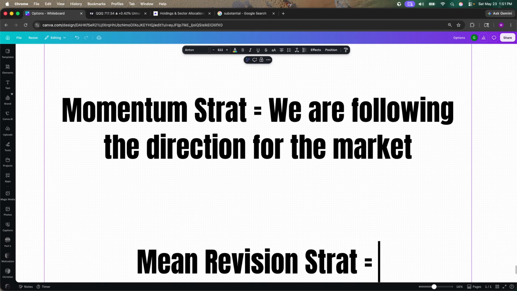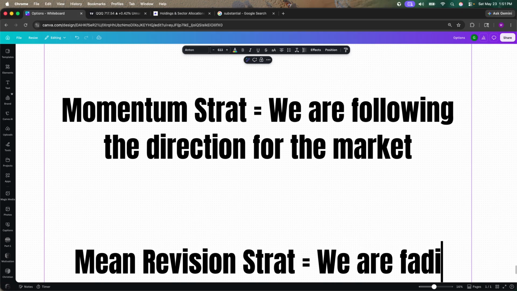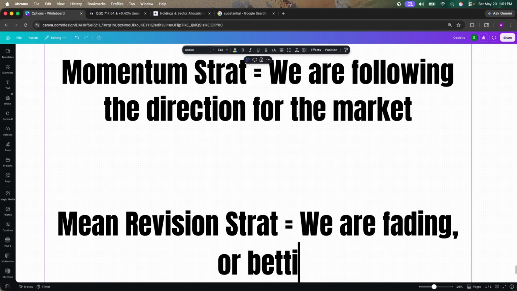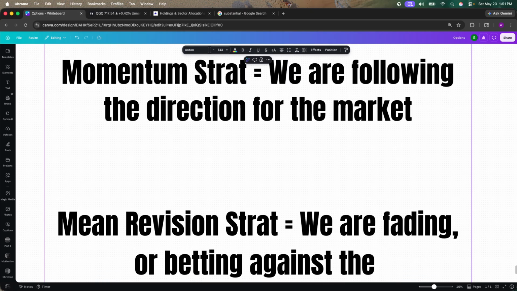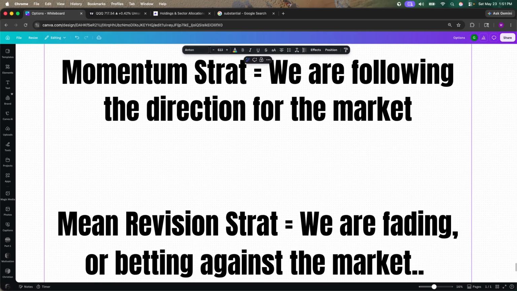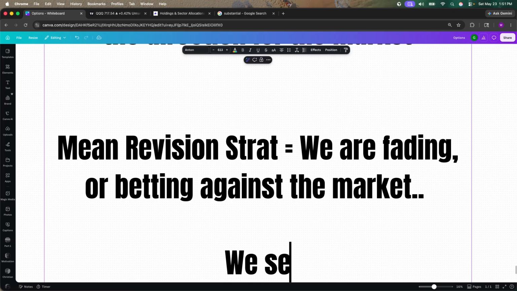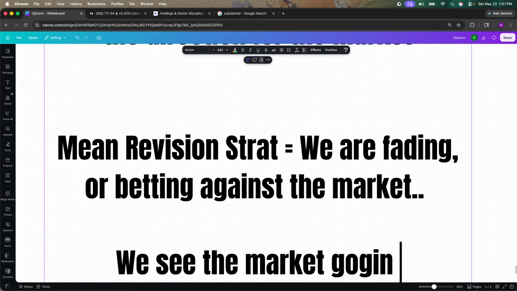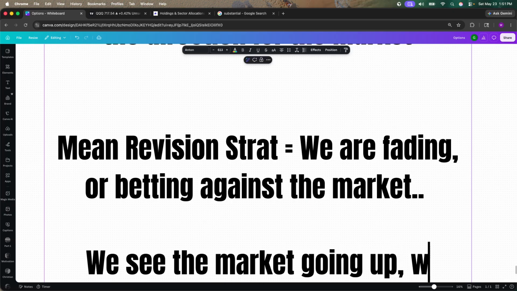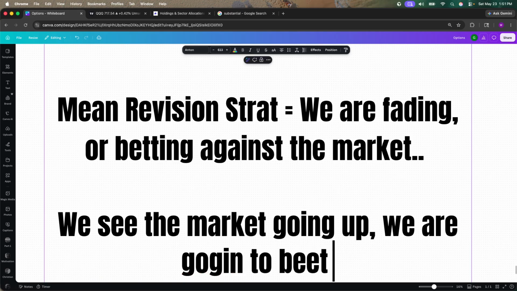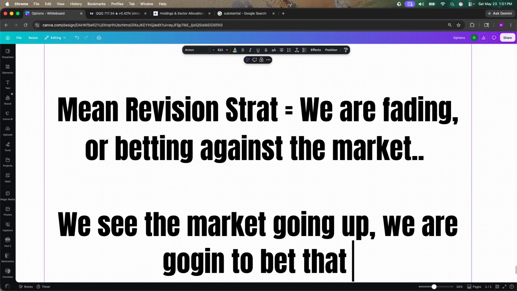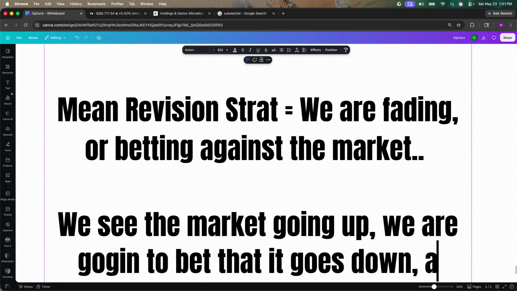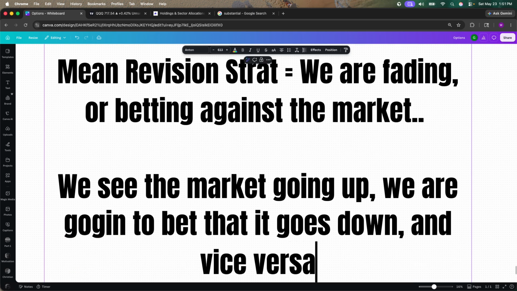Mean reversion is where we are fading, or betting against, the market. So what do I mean? We see the market going up, we are going to bet that it goes down, and vice versa.